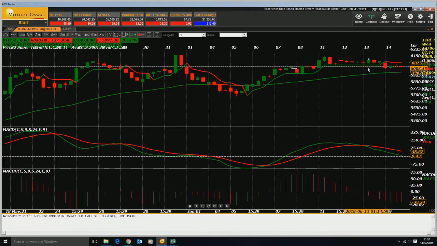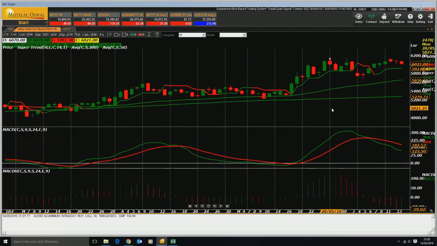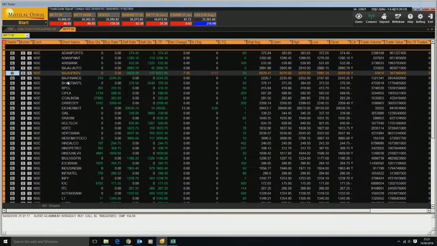On 120 minutes, it's giving me a short entry, and in the daily time frame it is giving me a long entry. So I simply skip this stock, where I have conflicting information. Where the major time frame and my execution time frame are not in communication with each other, there I will not take any trade, because I am very much interested in the confirmed and fresh entry only, right? So I skip this Bajaj Finserv.